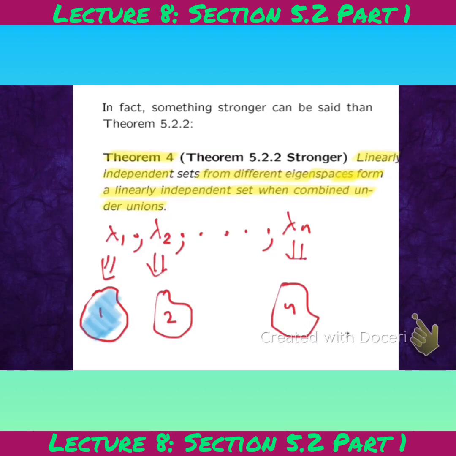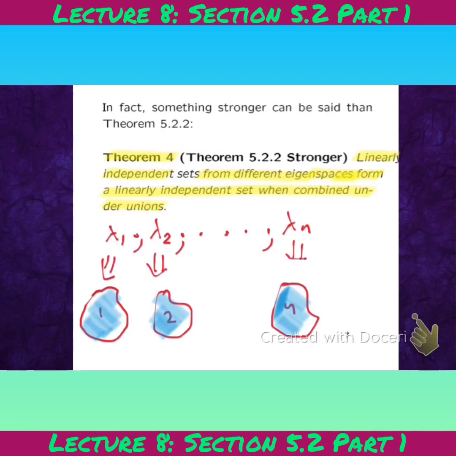Set 1 is a set of linearly independent vectors that correspond to lambda 1. Set 2 is a set of linearly independent vectors that correspond to lambda 2, and up until the end, lambda n corresponds to this linearly independent set of vectors there.